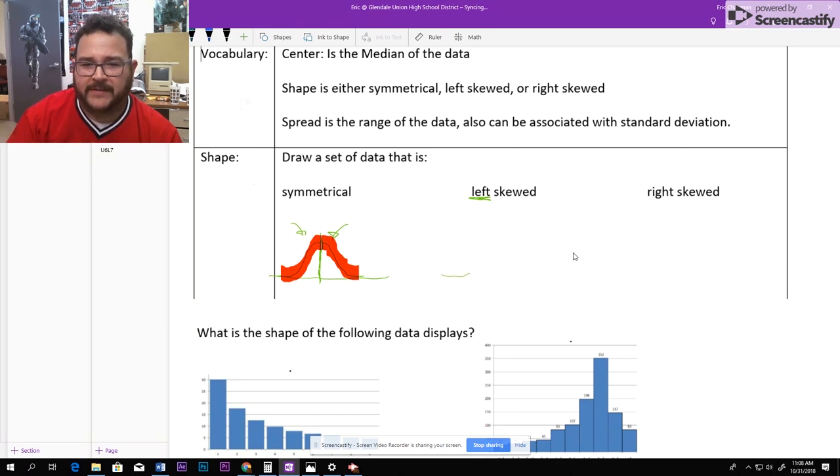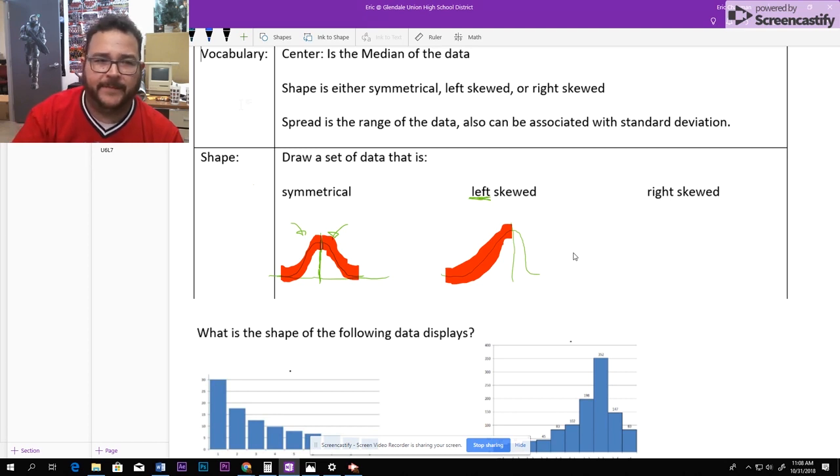So we go up and then come down, and this is the peak. And this left side tail is longer, which means that it is left skewed. We don't look at where the peak is, we look at the tail to determine skewedness. So this is left skewed data.